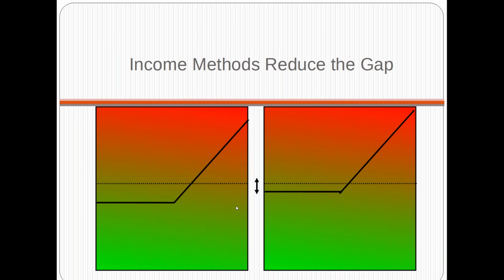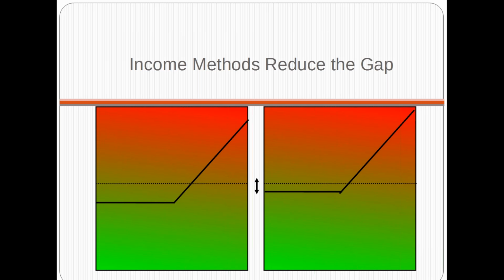The initial married put setup is shown here on the left, where we have that limited risk to the downside and the unlimited upside profit potential. As we apply the different income methods, we're going to reduce that gap. We're going to reduce the risk amount on the position.